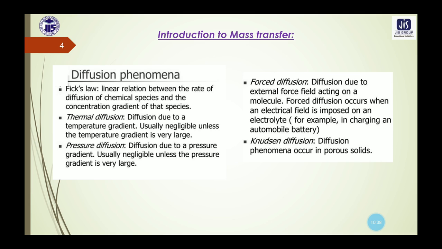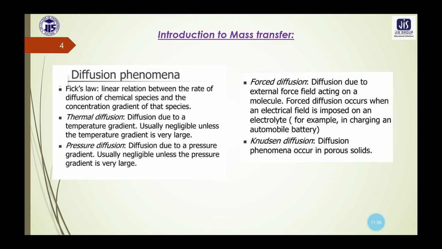Similar to that, we have Fick's law in mass transfer: a linear relation between the rate of diffusion of chemical species and the concentration gradient of the species. Fick's law will be discussed in detail in the next slide and the next lecture.